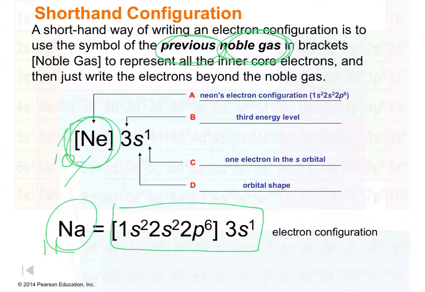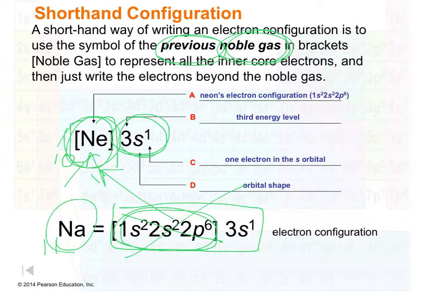You put it in brackets. In this case, it's neon. Now, neon's electron configuration is 1s2, 2s2, 2p6. So by putting neon in brackets, we have avoided having to write out this part of the electron configuration. And so all you need to do after you put the nearest noble gas in brackets is account for the electrons beyond that noble gas.